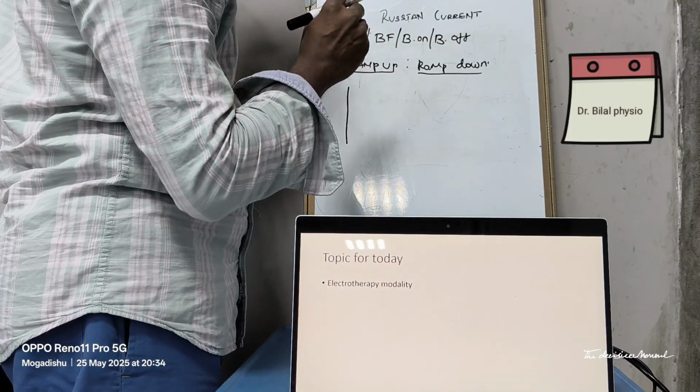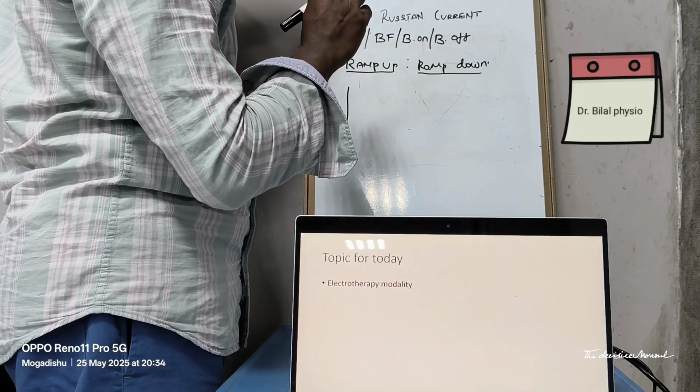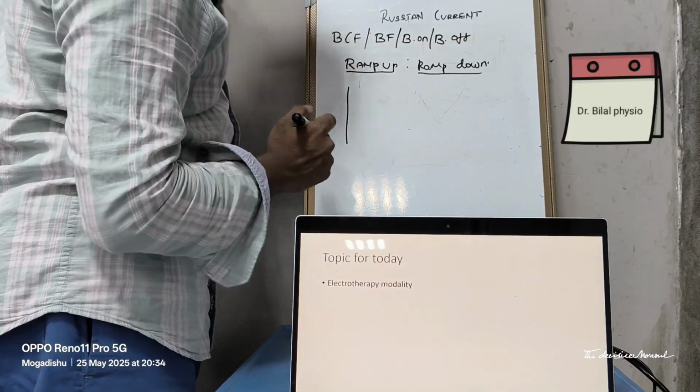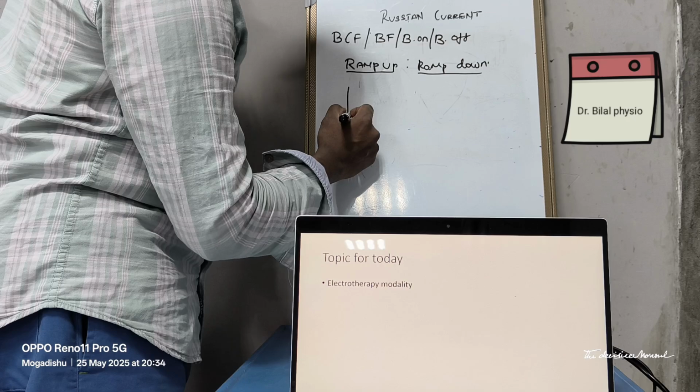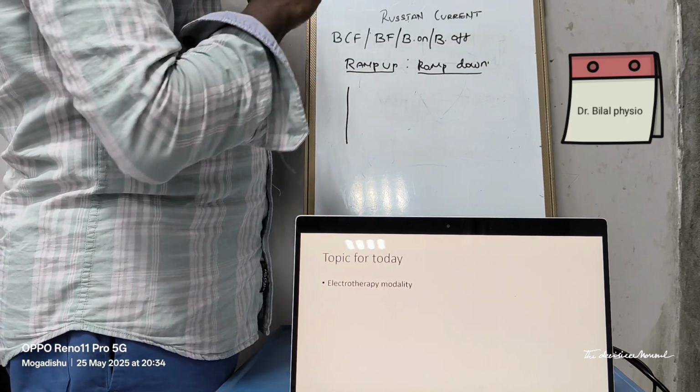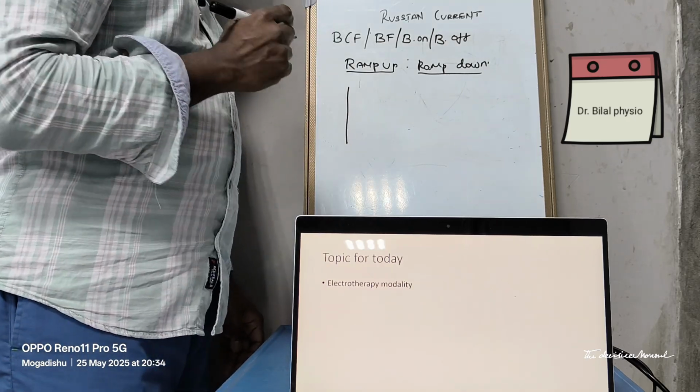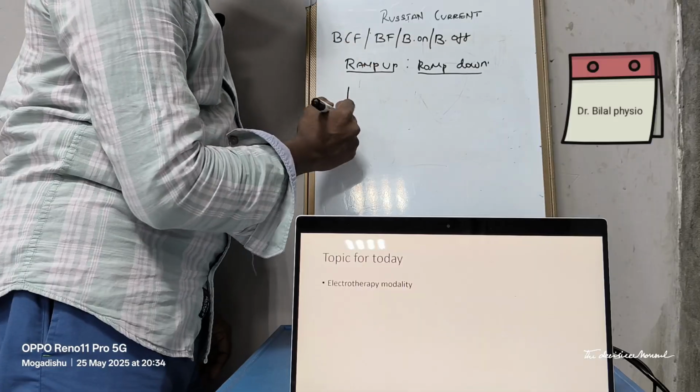This ramp up and ramp down time will be preset inside the machine itself. So in order to avoid muscle fatigue and muscle discomfort, this ramp up and ramp down is necessary.